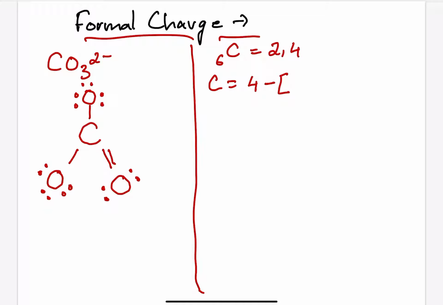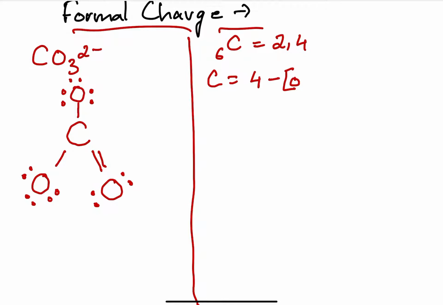We don't have any lone pair, so we can write 0, plus half the number of shared or bonded electrons. 1, 2, 3, 4, 5, 6, 7, 8.